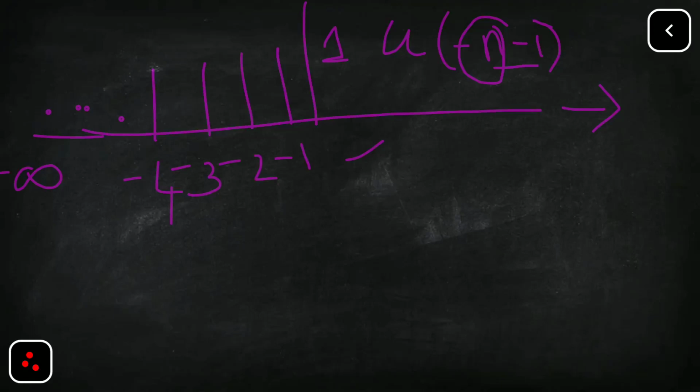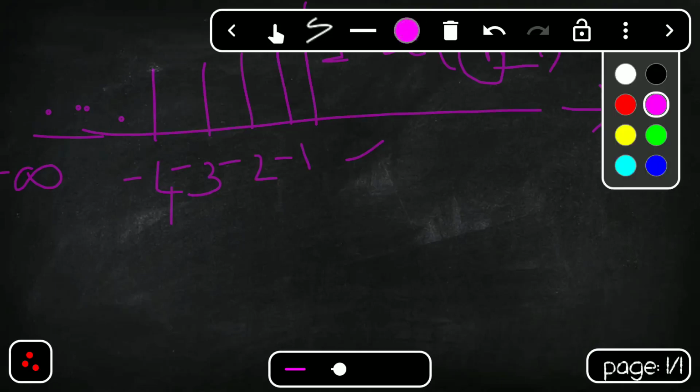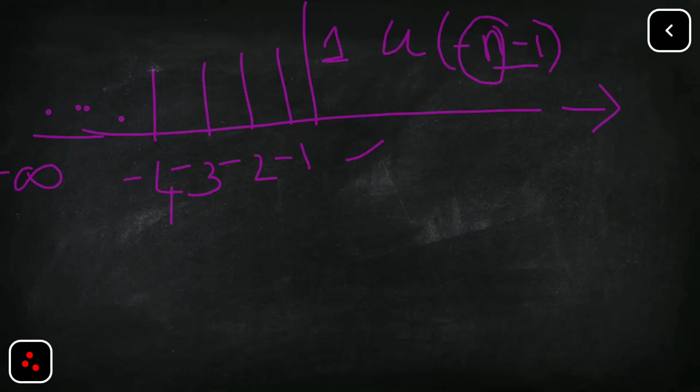Now we can see that u of minus n minus 1 starts from minus 1 time period and continues till minus infinity.